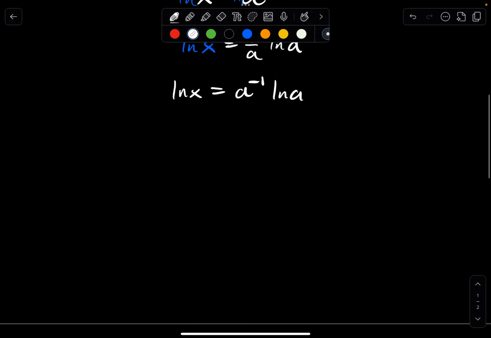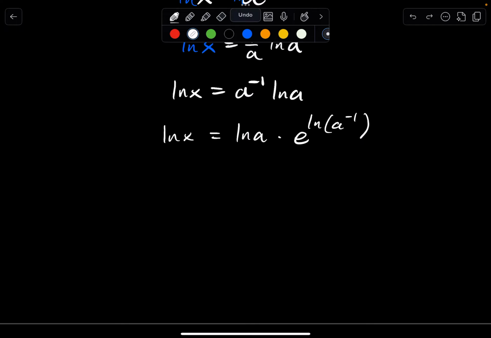And that's obvious. So what I'm essentially getting to is we have ln a, this right here, multiplied by e to the ln of a to the minus 1. You can describe any number, let's just call it c, for example. This is always equal to e to the ln, well, not always, because this can't be a negative number.